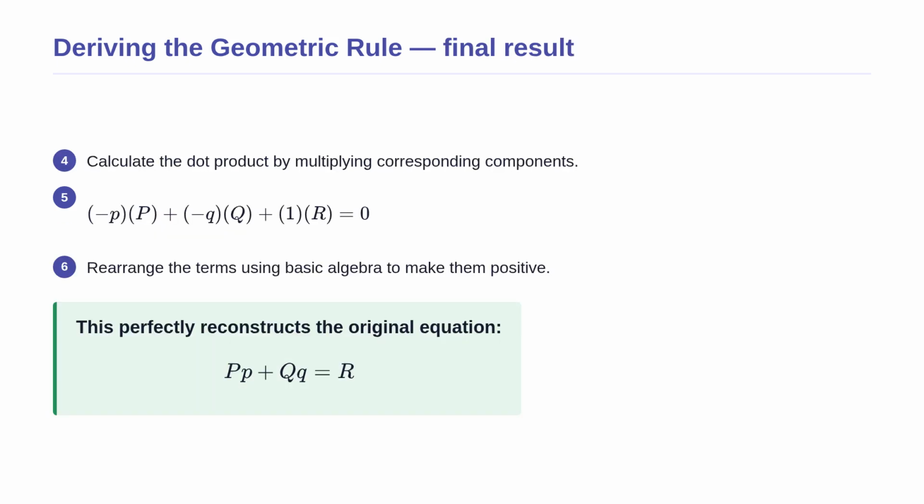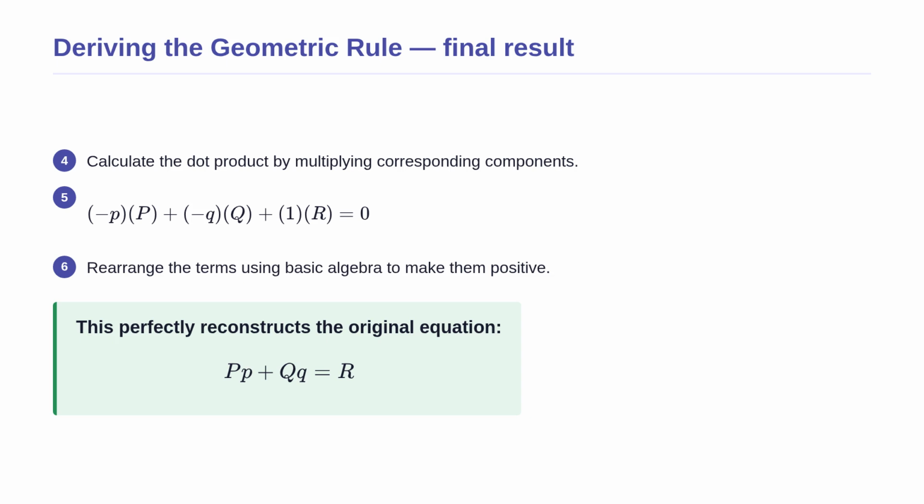Continuing our mathematical derivation, we now perform the actual algebraic multiplication of our two vectors. We multiply the first component of the normal vector by the first component of the tangent vector. Then do the exact same for the second components and finally the third components. Adding all these individual products together yields negative capital P times lowercase p minus capital Q times lowercase q plus capital R equals 0.